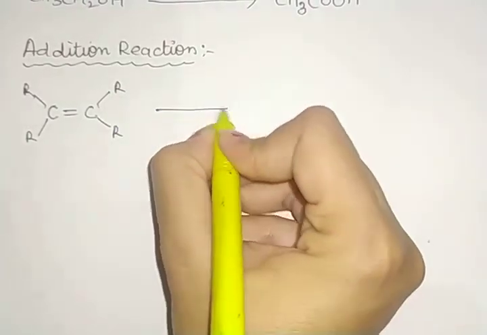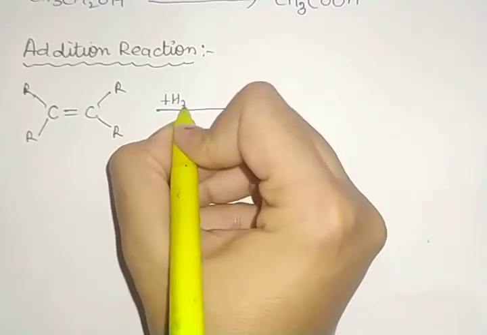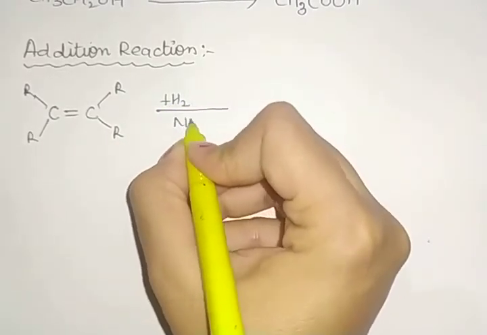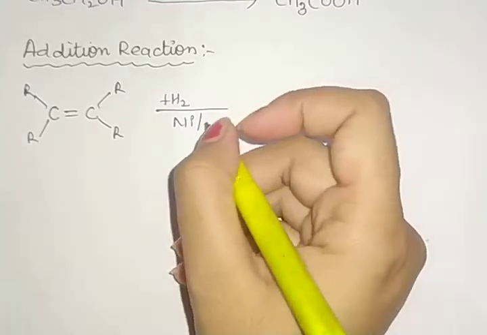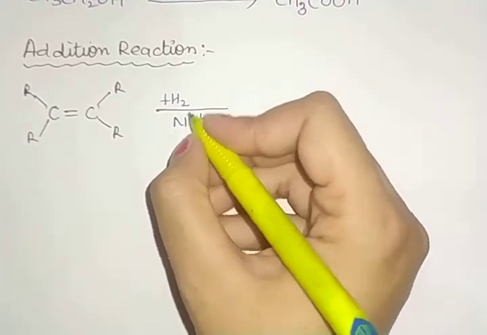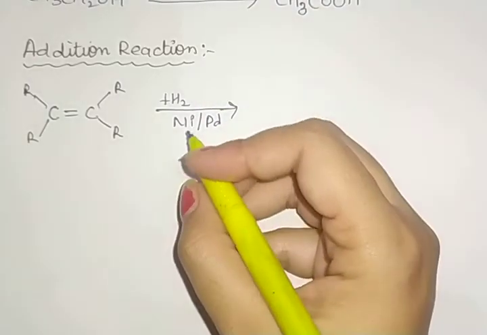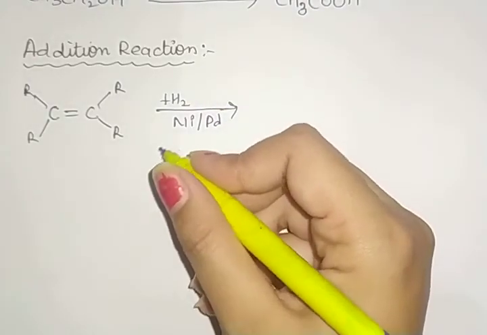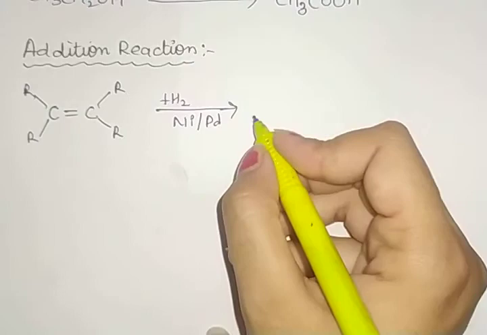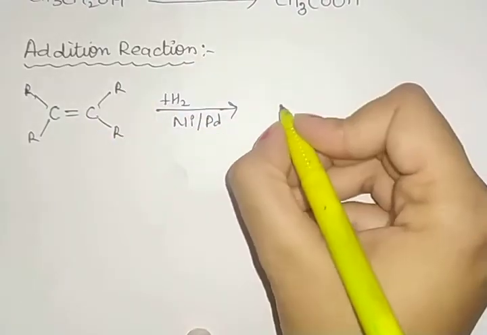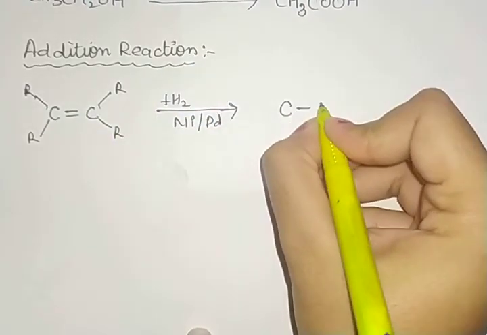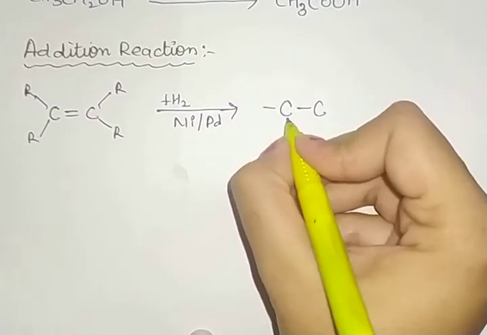When we add hydrogen in the presence of a catalyst, nickel or platinum, a catalyst being a substance that increases the speed of the reaction, it forms alkanes.